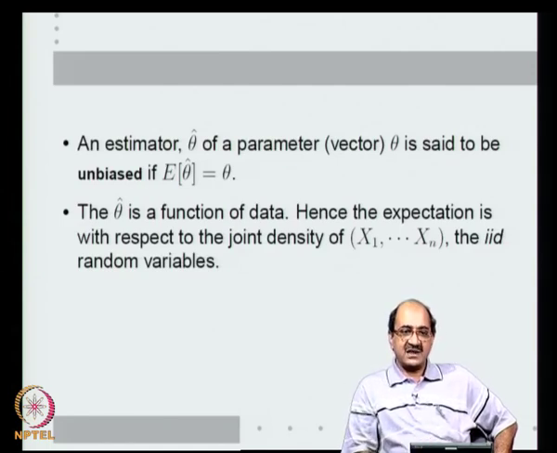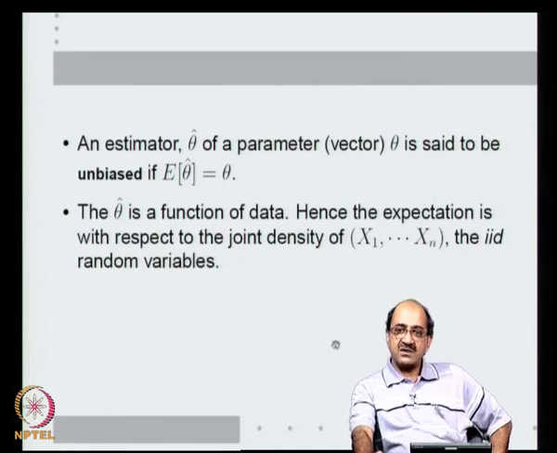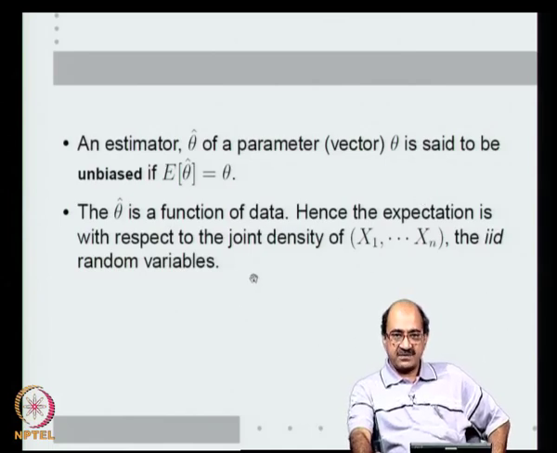We are assuming that the density of each x is f x given theta and the x's are independent. So, the joint density is simply the product of the marginals. So, this expectation refers to expectation with respect to the joint density of x1 to xn, which is the same as the n-fold product of the density model we are using.